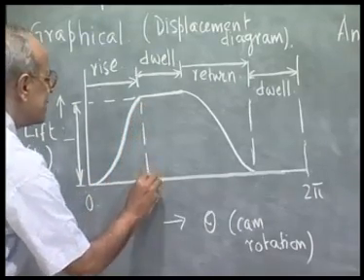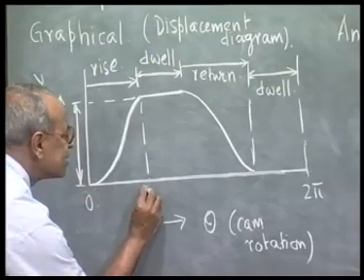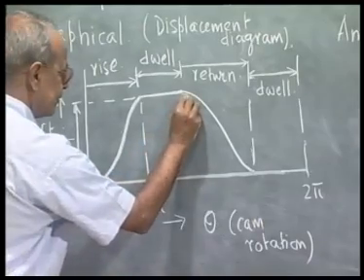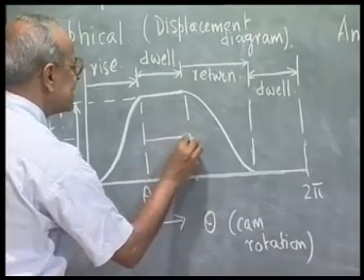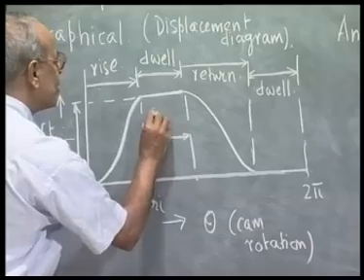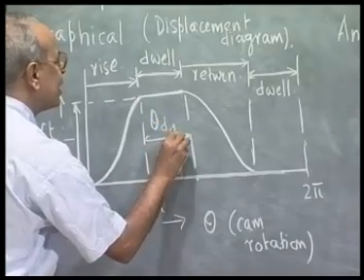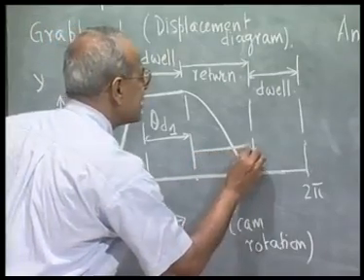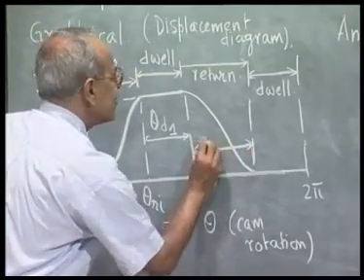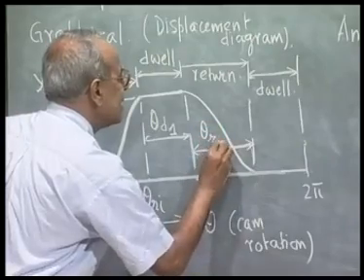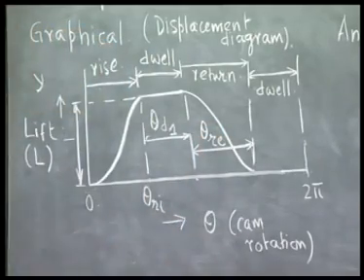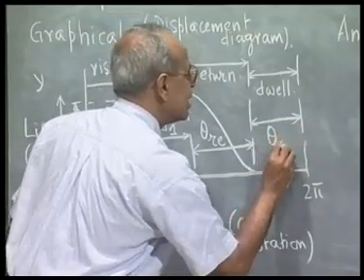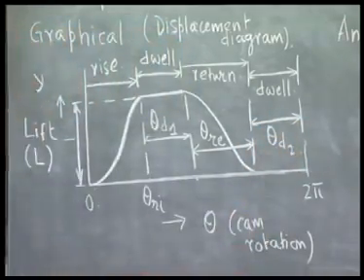The value of theta during which the rise takes place, we call it theta rise. Then this dwell period we call theta dwell 1 because it is the first dwell period, and this angular interval we call theta return, which is followed by again another dwell theta d2.